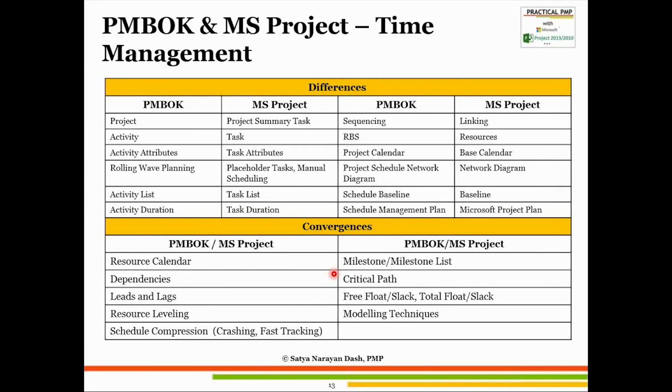Okay, in this slide I'll dive a little deeper. Here it is with respect to time management specifically. In the first part of the table, I am comparing the PMBOK guide with Microsoft Project, the differences that we have. In the second part of the table, I'm finding out the convergences the PMBOK guide has with Microsoft Project.